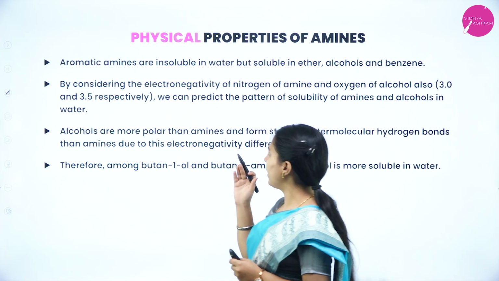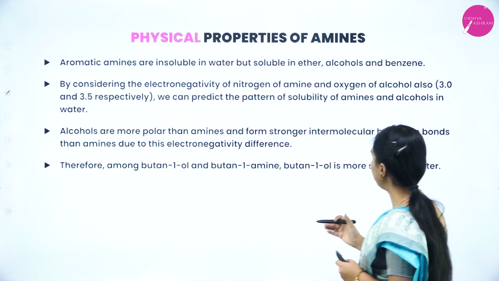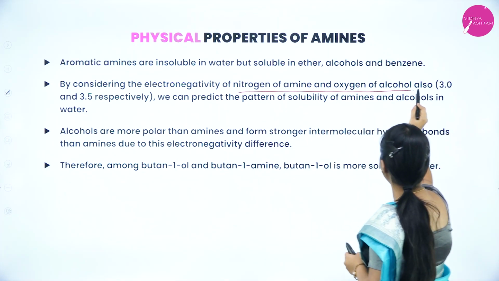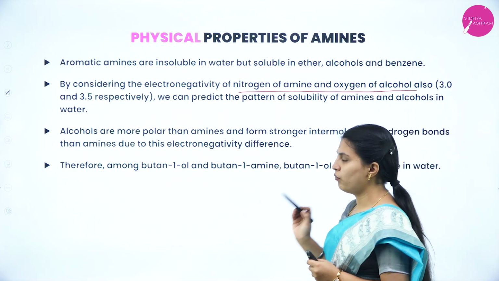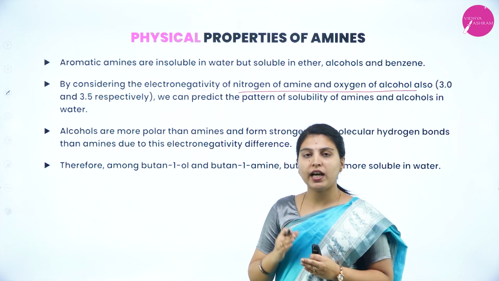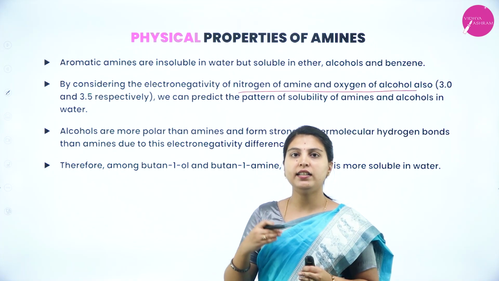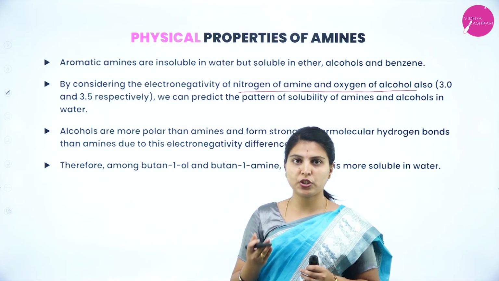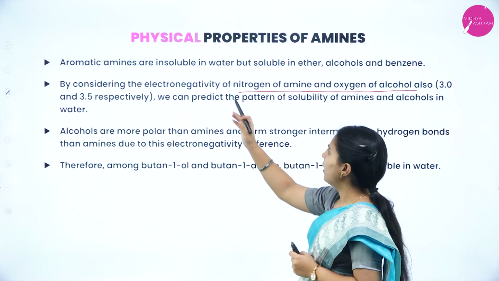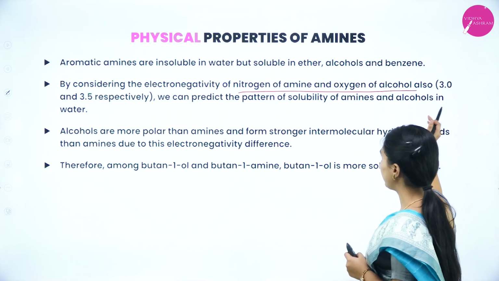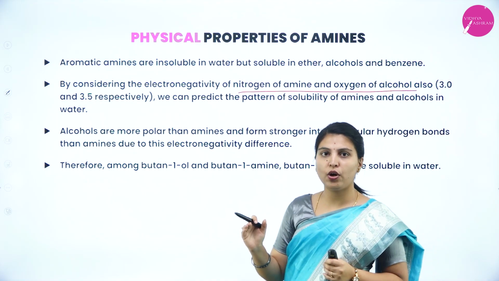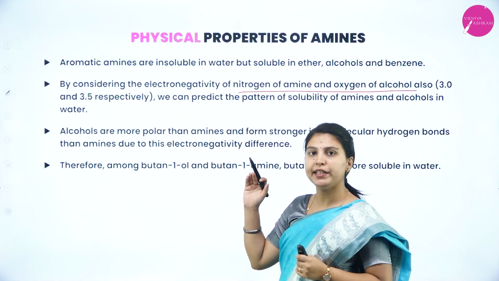By considering the electronegativity of nitrogen in amines and oxygen in alcohols, we can predict the pattern of solubility of amines and alcohols in water. Here we are comparing the solubility of alcohols and amines with respect to water by using electronegativity. The electronegativity of nitrogen is 3.0 and the electronegativity of oxygen in alcohols is 3.5.